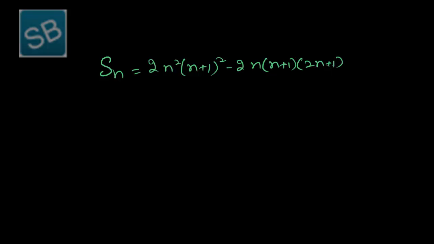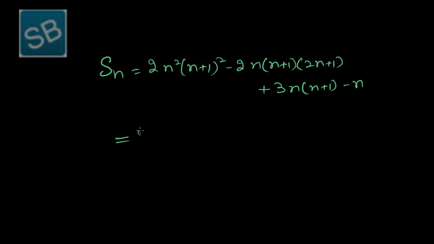On cancelling 8 by 4, we get 2 into n square n plus 1 whole square. So 12 by 6 is 2 times n into n plus 1 into 2n plus 1, plus 6 over 2 is 3 times n into n plus 1, minus n.